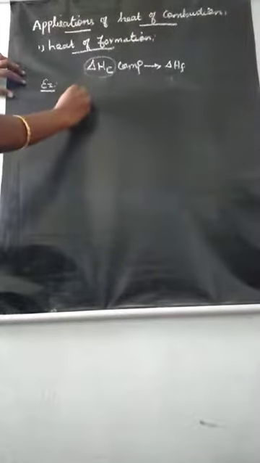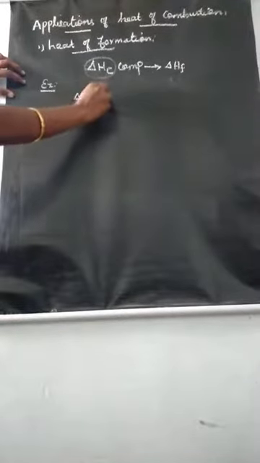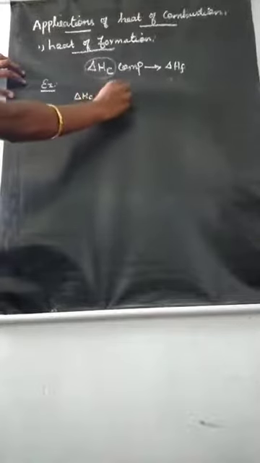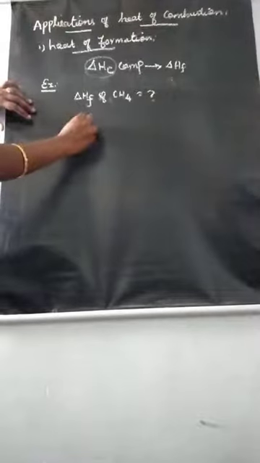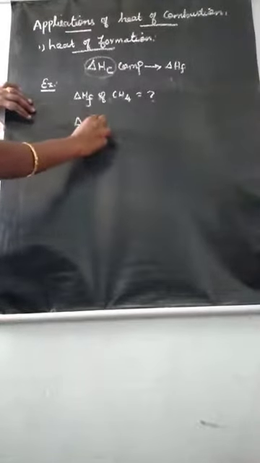You can calculate the heat of combustion of methane. This is one of the organic compounds. Heat of combustion of methane or heat of formation of methane. So how can we calculate this? From the heat of formation values of hydrogen, carbon and methane.